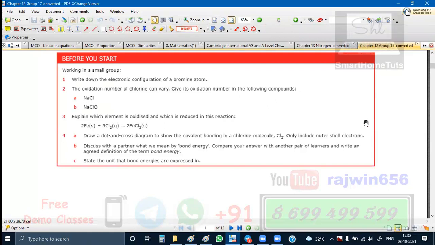I think this part you should try to work out on your own. Even the third question is also simple. Explain which element is oxidized and which is reduced in terms of oxidation number. You will find out, and you will give me the answer for the second and the third question. Just work this out on your own.